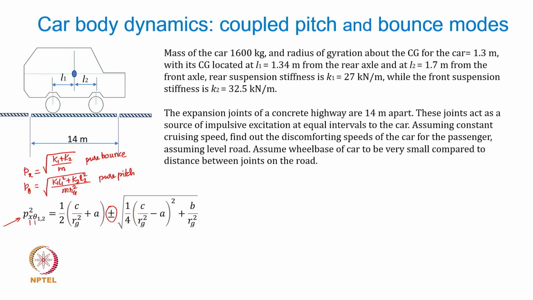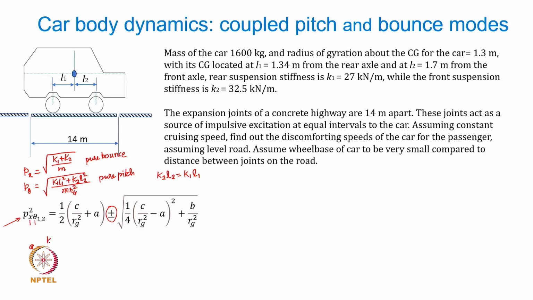But I think we discussed this. When does the decoupling happen? When k2 L2 is equal to k1 L1, right? That is the condition: if these two values are equal, there will be decoupling and there will be pure pitch and pure bounce. Now these A, B, C parameters in this expression, I think they were discussed last time.